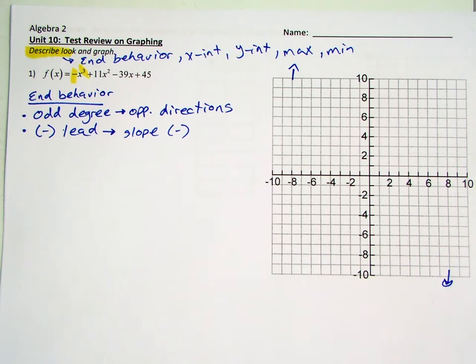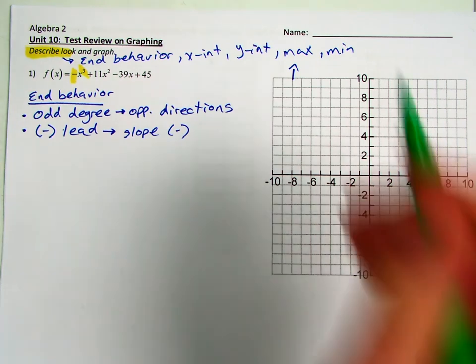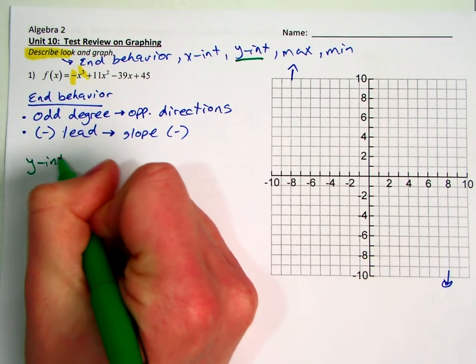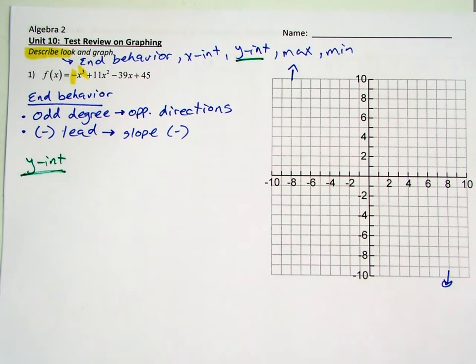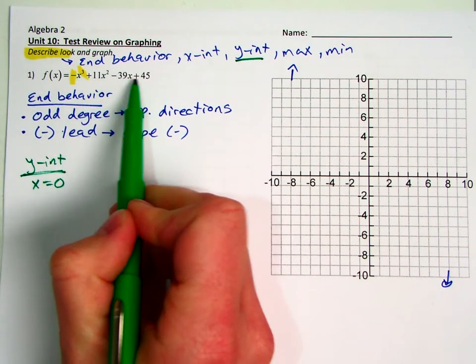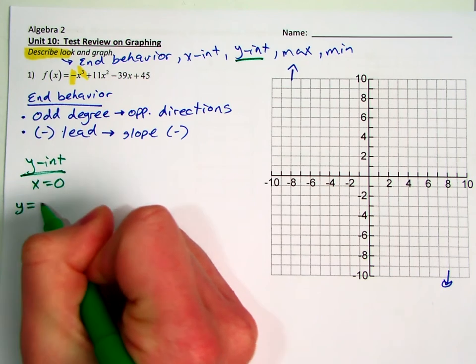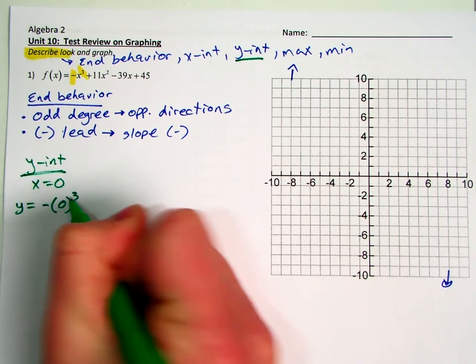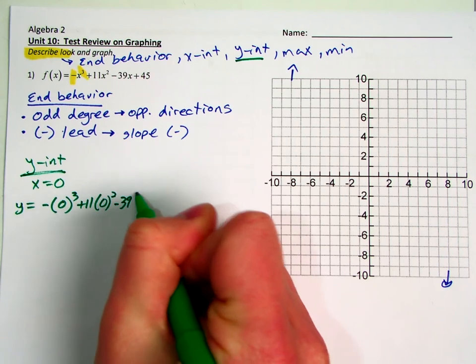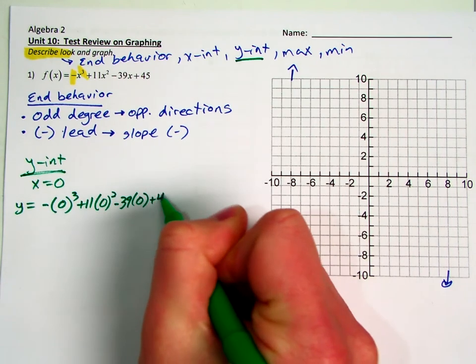Once I've described end behavior, I would do the y-intercepts next, because to me the y-intercept is the easiest. Because really, remember, the opposite variable is 0. So for a y-intercept, the x is 0. So I can just put 0 in place of all the x's to find out the y. So negative 0 to the third plus 11 times 0 squared minus 39 times 0 plus 45.